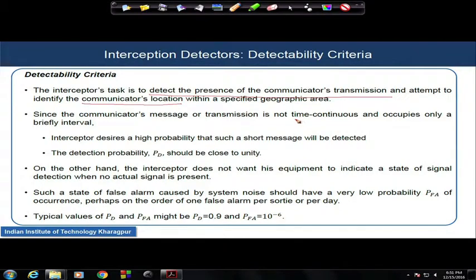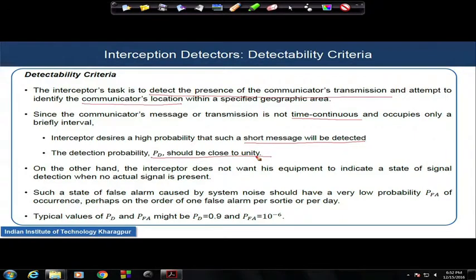So detectors are never going to get a time continuous signal so that they can refine their detections. That is why the interceptors need a highly accurate detector designed for them, and there should be a high probability that such short messages will be detected. So given the short messages, your probability of detection should be very high, PD very close to unity.